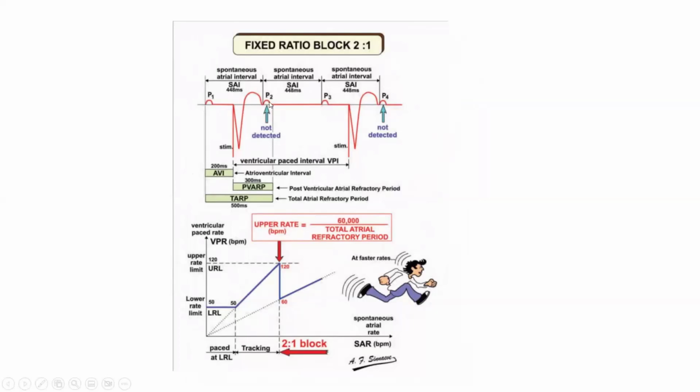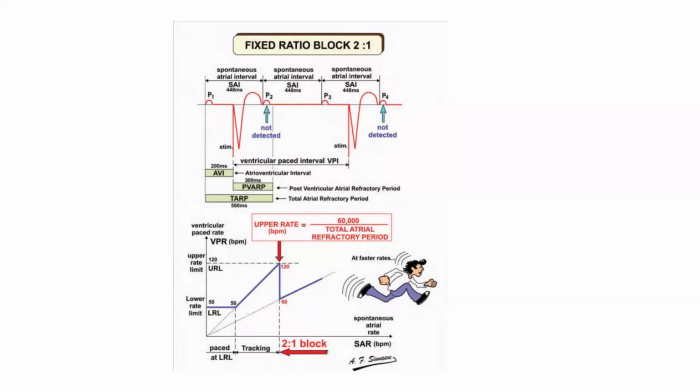If the second P wave comes, the atrial rate is fast, it doesn't need to be very fast, just faster than the TARP, and it falls inside the PVARP, then this second P wave is not detected, and for the pacemaker nothing happened, and he waits for the next P wave. This P wave will occur and it will not sense the fourth P wave, and at this time the patient will go into 2-to-1 heart block.